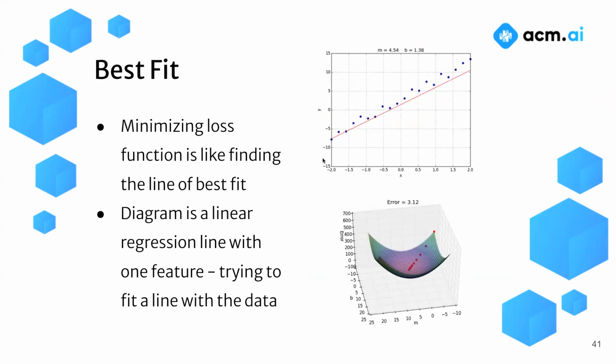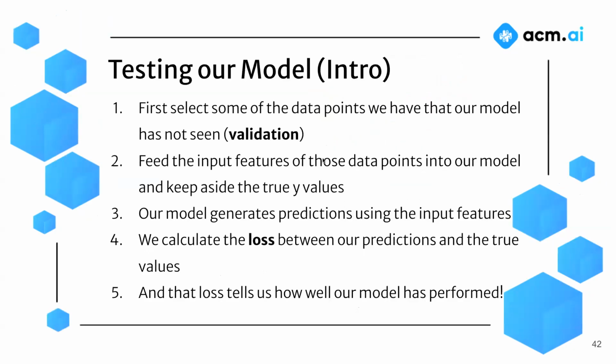So basically which ones will provide the least difference between all of the points in our scatter plot. And that is our line of best fit, right? So minimizing loss is like finding the line of best fit for our curve, right? So which kind of straight line matches all the data points the best. Any questions so far? All right, cool.